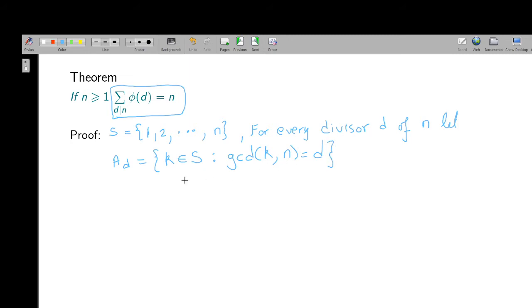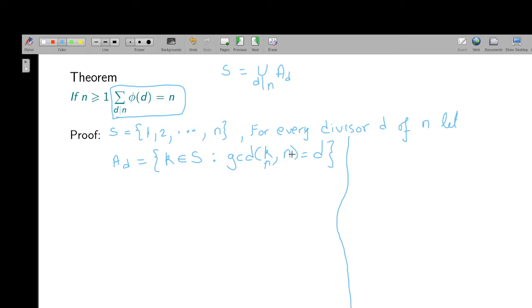I hope you can see that these different A_d's are going to partition S. Let me elaborate with a small example. So what I'm saying here is that S is equal to the union over d dividing n of A_d, and none of these A_d's are going to intersect. That is very clear because for different d's the GCD is different.